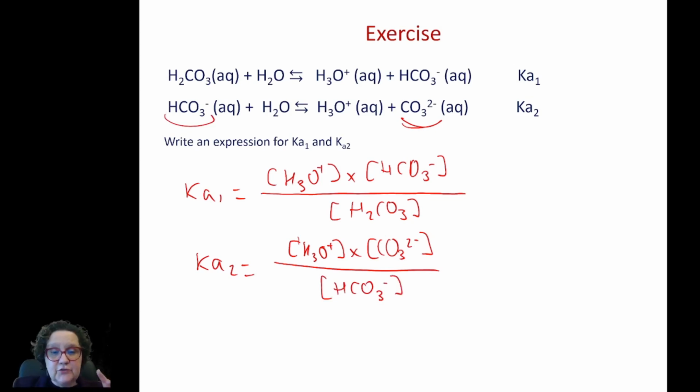So that would be a general expression for both acidity constants for carbonic acid. So the individual values will change and depend, but for a given temperature, these values will stay constant.